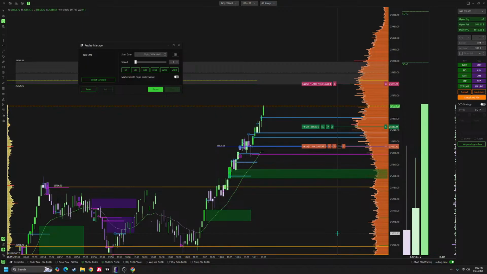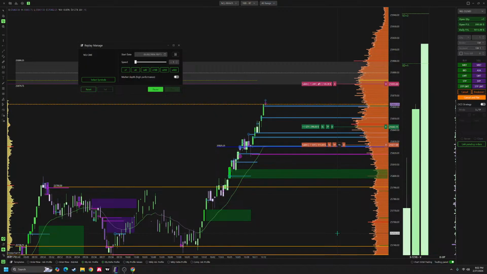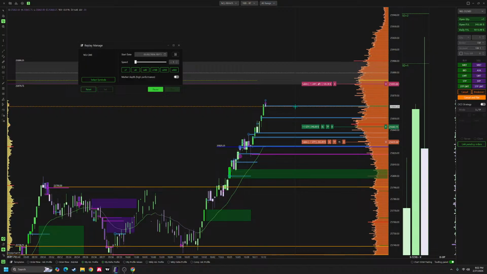It's going to go for that point of control and VWAP. So I'm confident with my location. So we're risking 265 right now to make 745.